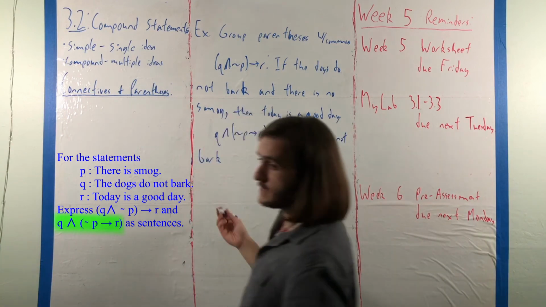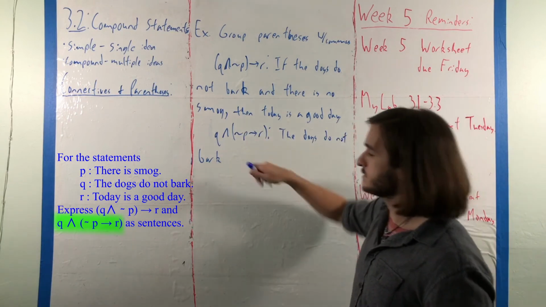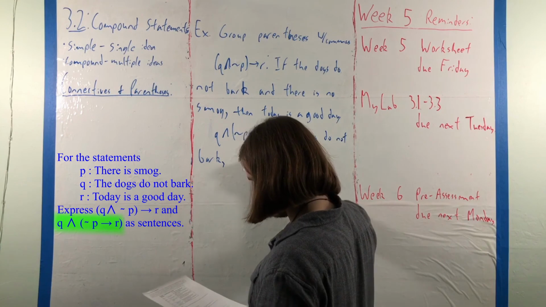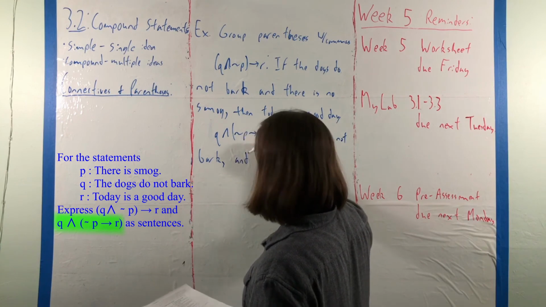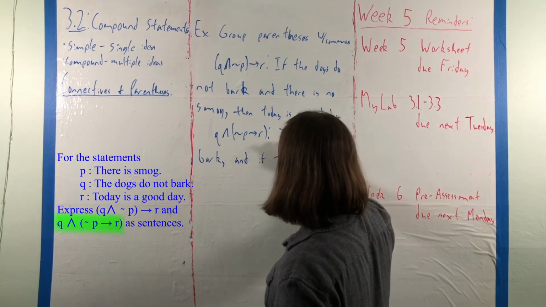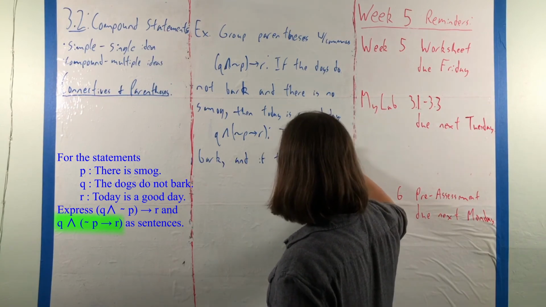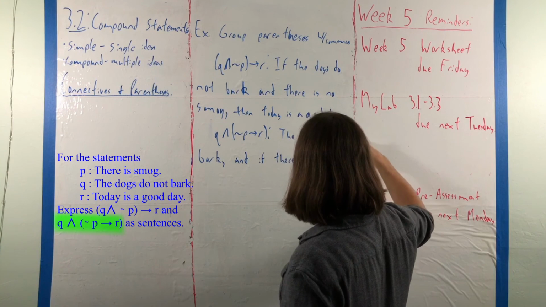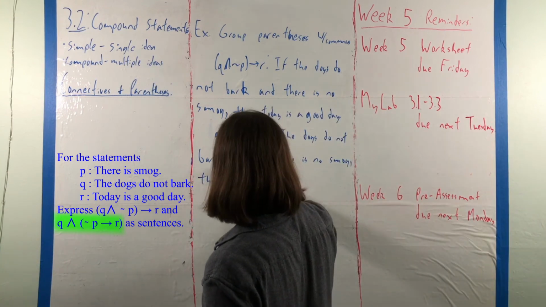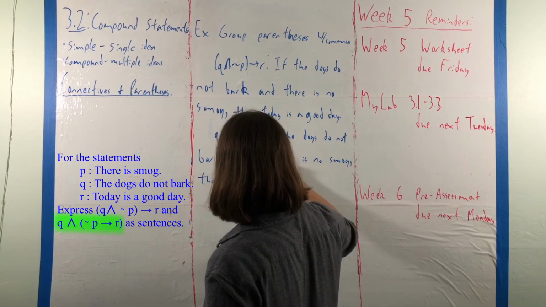It's just an assumed statement, and then since we have the parenthesis, we put in a comma. And then we go into that conditional, where we say, and if there is no smog, then today is a good day.